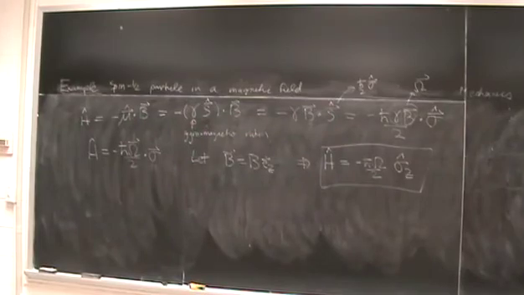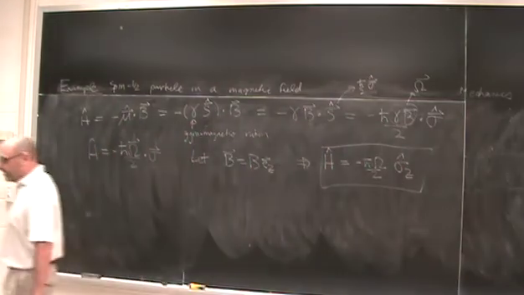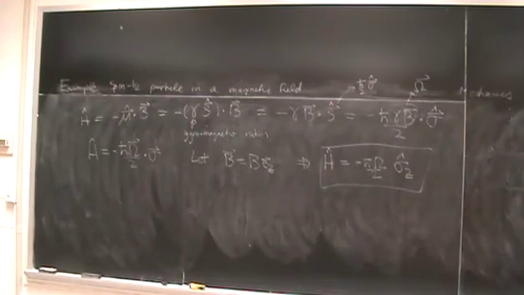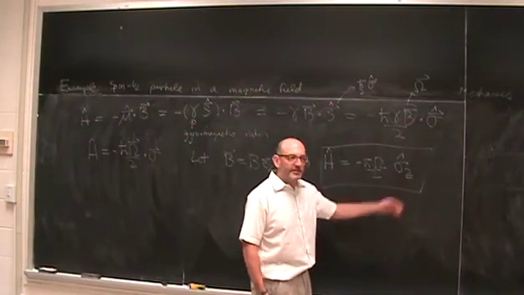So now I ask you, what are the eigenvectors and eigenvalues of the Hamiltonian? What are the stationary states and the energy levels of this Hamiltonian? Plus minus h bar over 2. Yeah, that's the eigenvalues, and what are the eigenvectors? Plus minus z. Yeah, they're up and down along the z-axis.